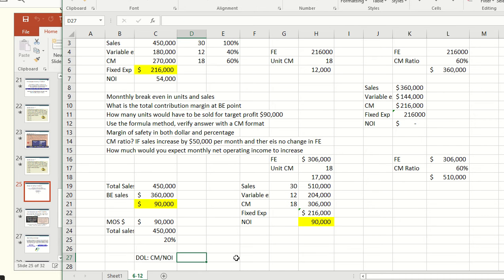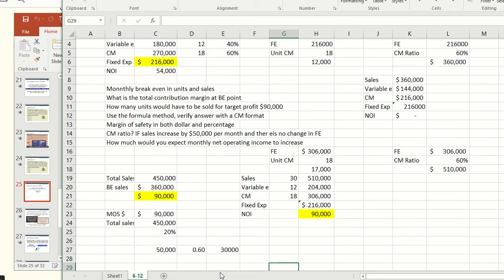But I think they're trying to get at the contribution margin ratio. We have this ratio of 60%. If our sales go up by 50,000, right, we have a contribution margin ratio of 60%. That would mean our contribution margin would increase by timesing these two. So our contribution margin should increase by 30,000.